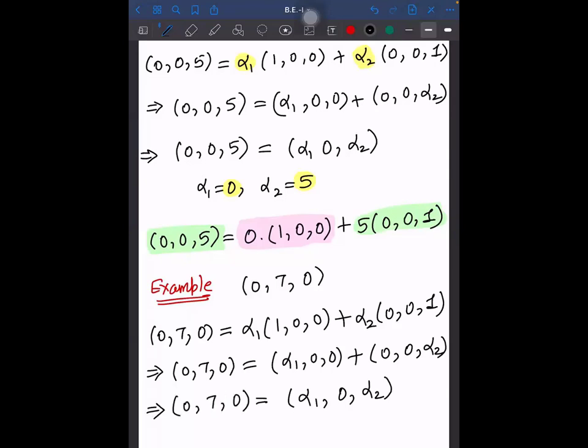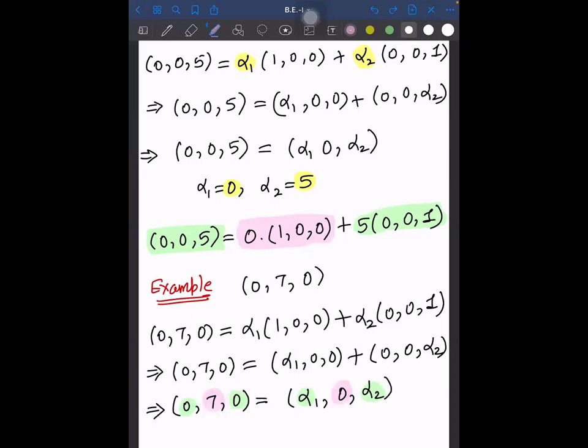So now what do you get? You get that alpha 1 is 0, alpha 2 is also equal to 0, but there is a third condition which cannot be possible, that is 7 is equal to 0. No matter what value of alpha 1 or alpha 2 you have chosen, these two vectors cannot be equal. Why? Because every time you'll get 7 over here and every time you'll get 0 over here, and 7 and 0 cannot be equal.